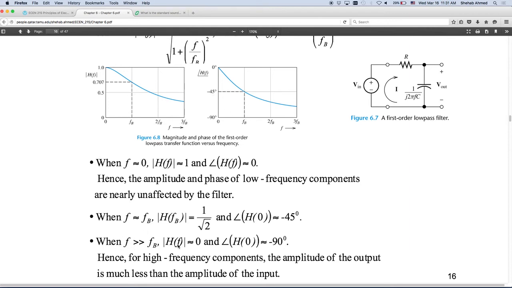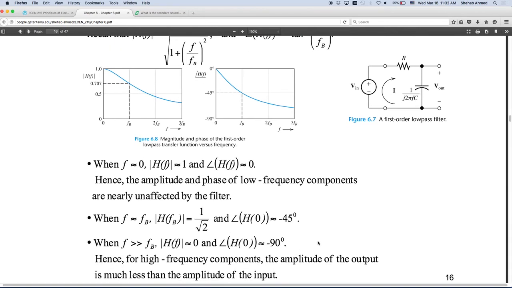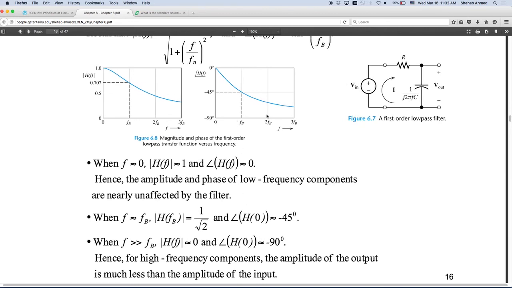And when f is very large, this is 1 over a very large number, which is 0, so the magnitude will go to 0 at very large frequency, and the phase shift will go to minus 90 degrees.